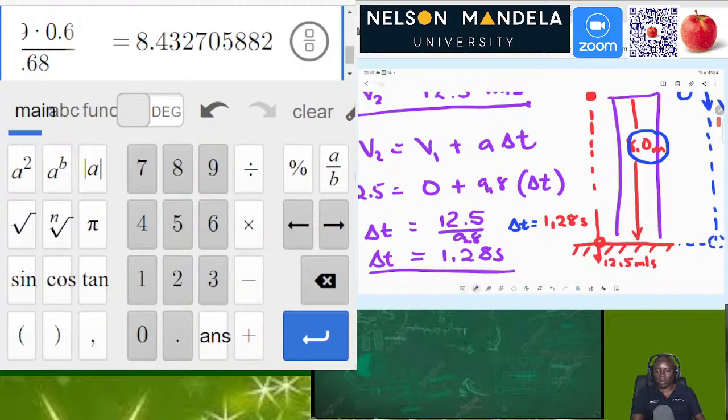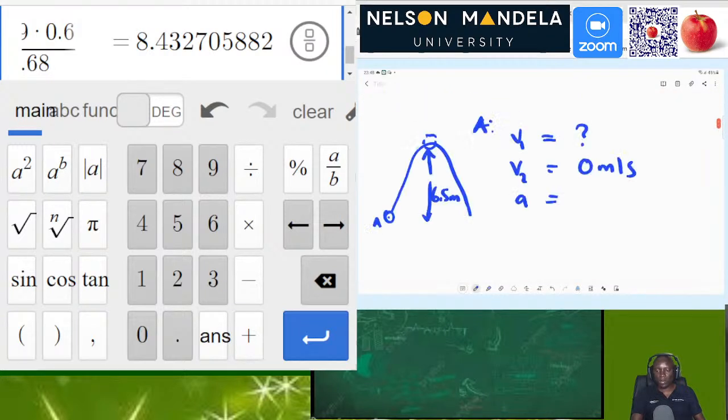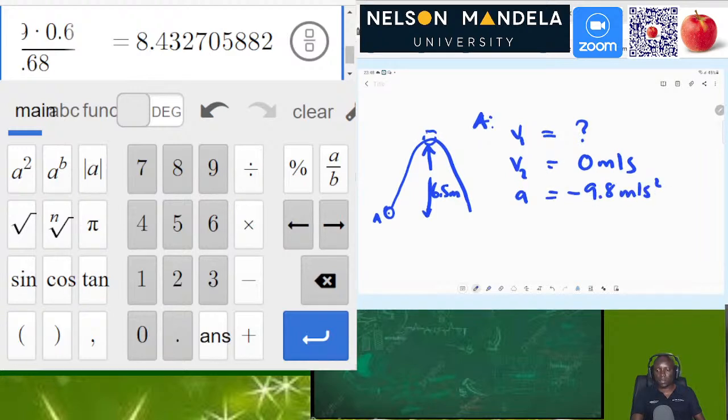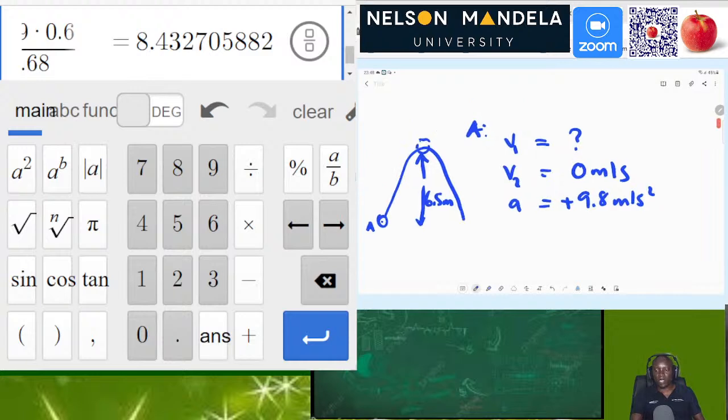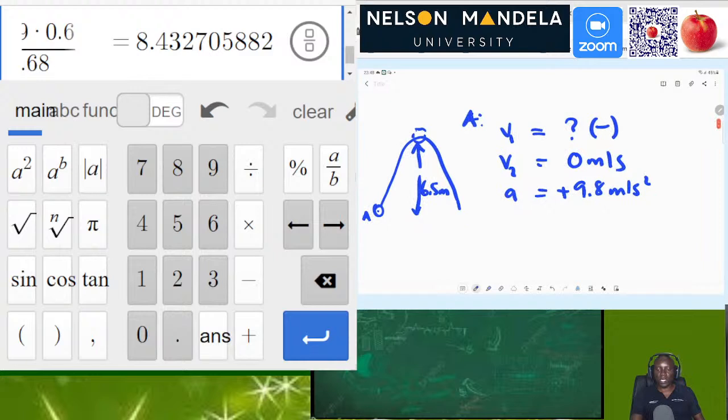Downward is positive, so a is still the same, 9.8. But v1 is negative because v1 is going up. Our displacement delta y upward is minus 6.5 meters.